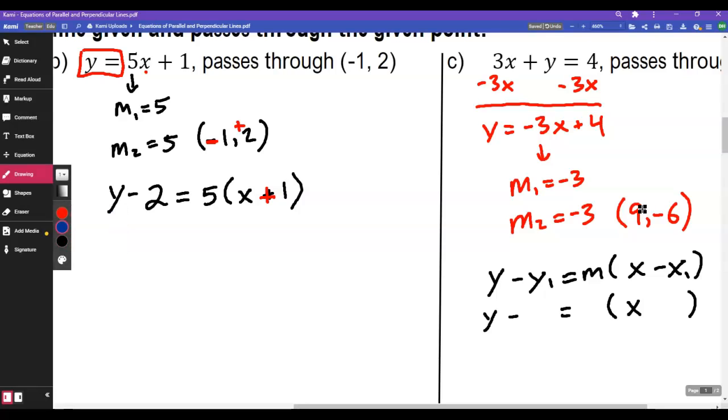So the slope is pretty straightforward. It's -3. Okay. And then we should have, let's see, the first one here is 9, right? And 6. Is that correct? No. What's wrong?